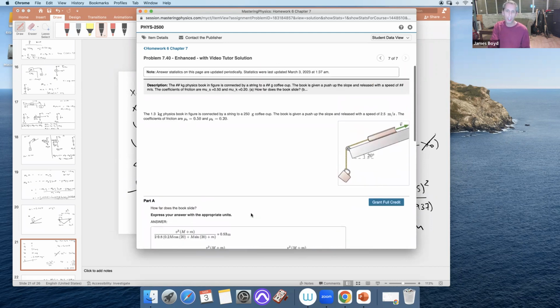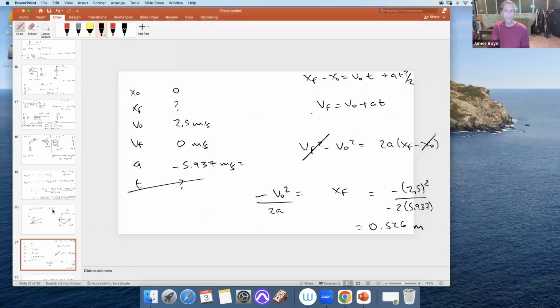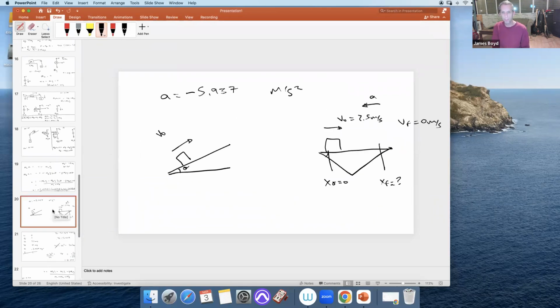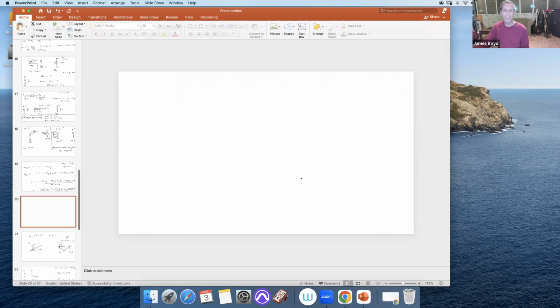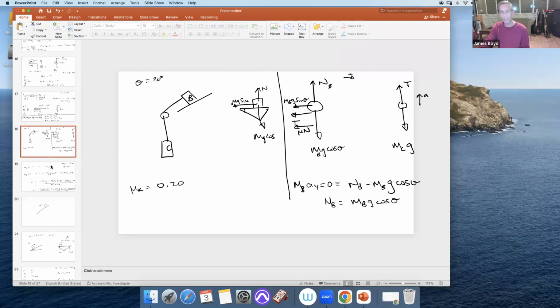Okay. So first of all, I think we probably all got this down and this down. But now, when it comes to rest at the top, when it stops momentarily, it's going to try to slide backwards. If we look at this, we go back to actually this.